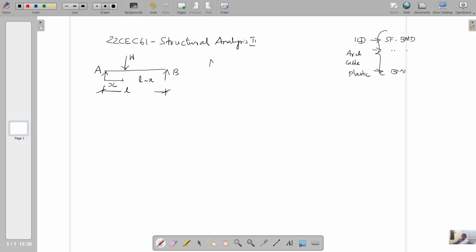Taking moment about A equal to 0 will give the RB value. So RB into L minus W into x equal to 0.